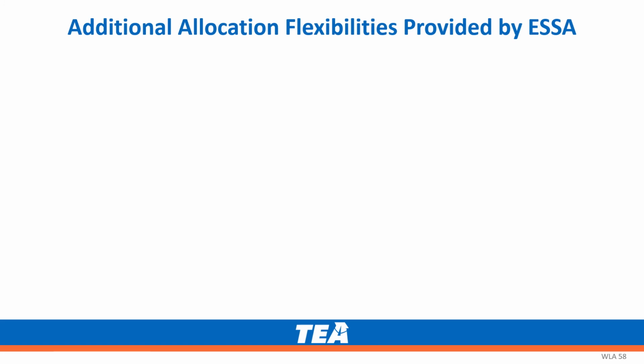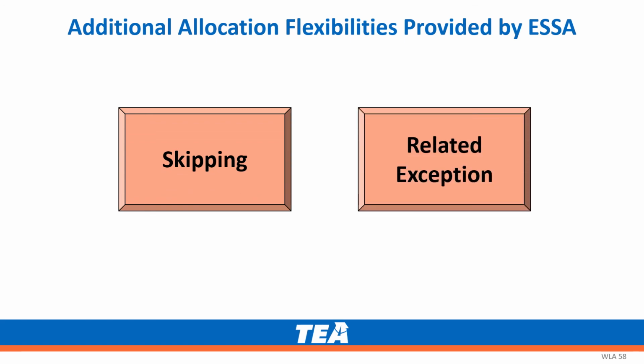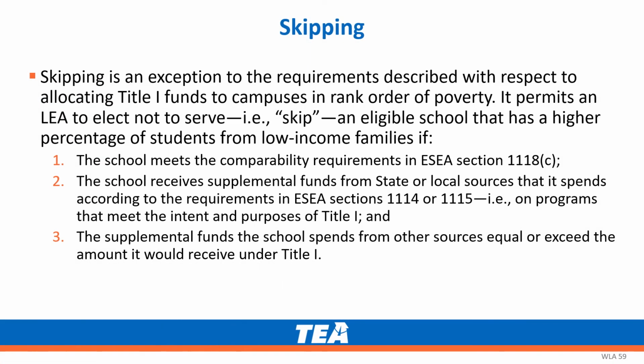There are some additional allocation flexibilities provided by ESSA that we will examine further: skipping a campus and a related exception. Skipping is an exception to the requirements described with respect to allocating Title I funds to campuses in rank order of poverty.